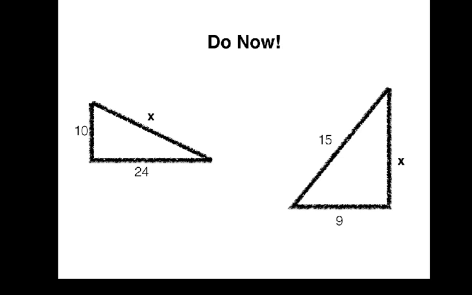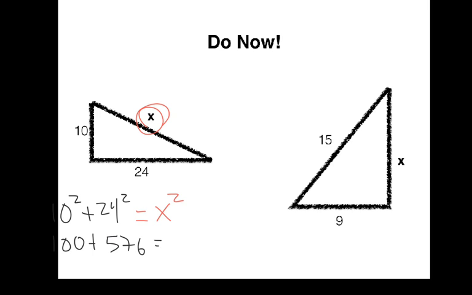If I was looking for x here, well, what's my longest side? It's definitely x, so I'm going to go ahead and put x squared on this outside part because that's my c. Then I've got 10 squared plus 24 squared. Next up, we're just going to square these numbers. I get 100 plus 576 equals x squared.